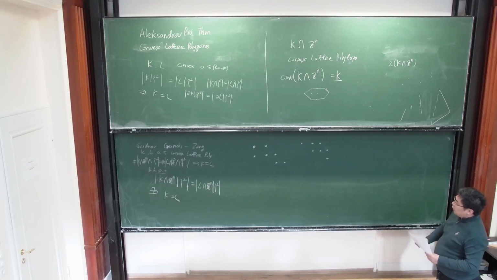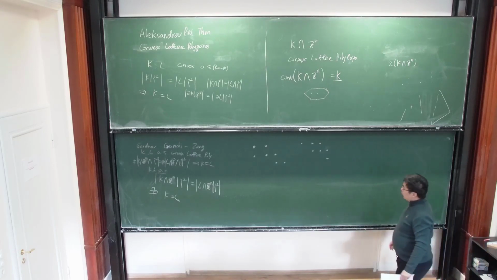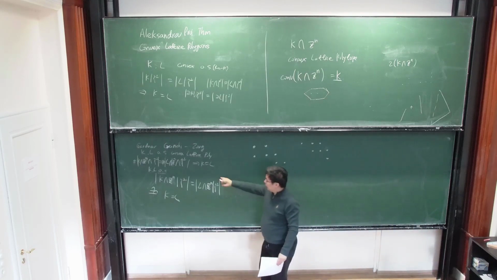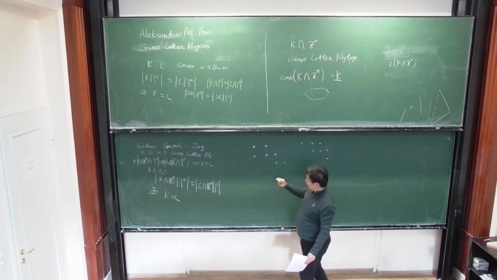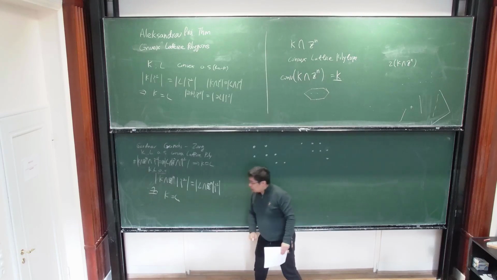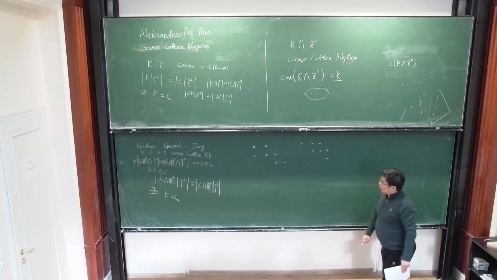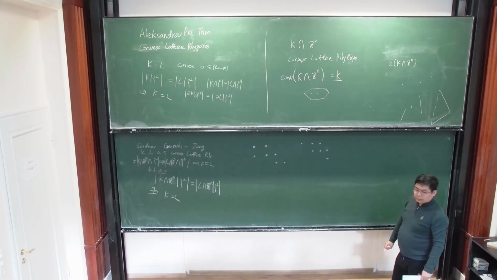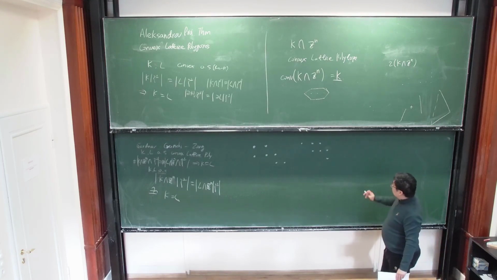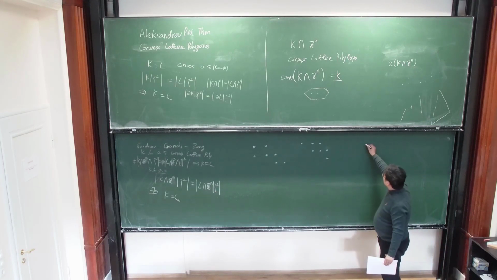And now they ask: how about if you have origin symmetric convex lattice polygons, do you still have this kind of result? And they found counterexamples in 2 dimensions, not in higher dimensions. In 2 dimensions, they give a counterexample.